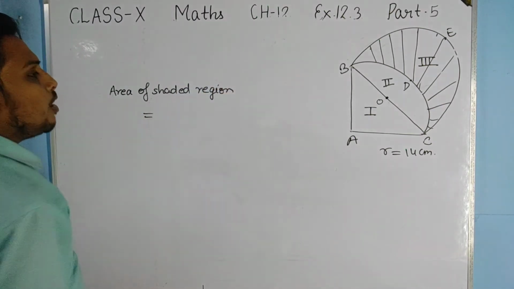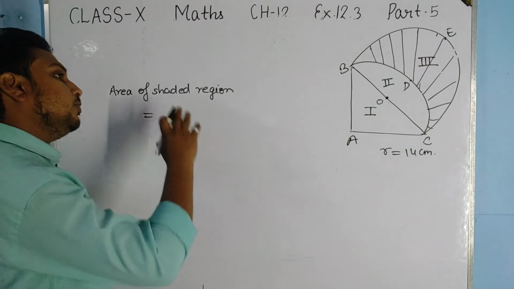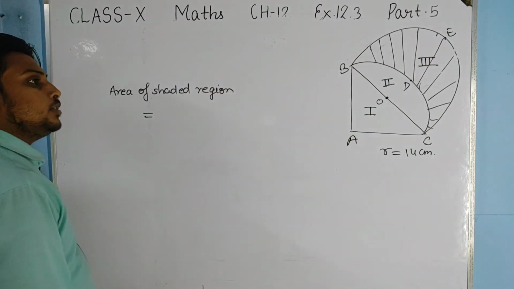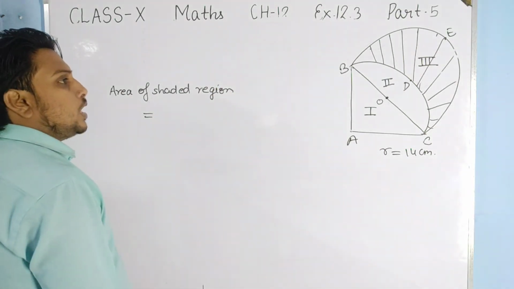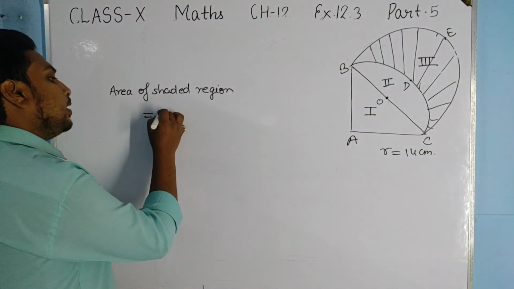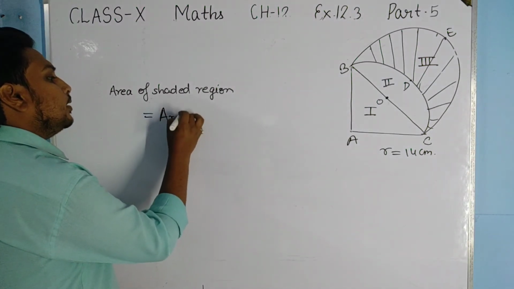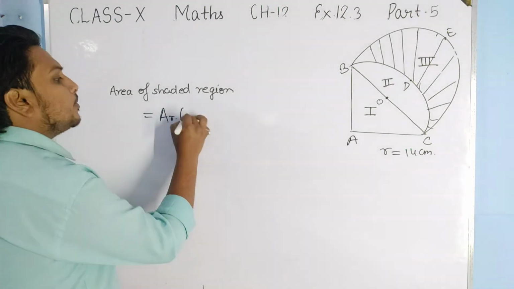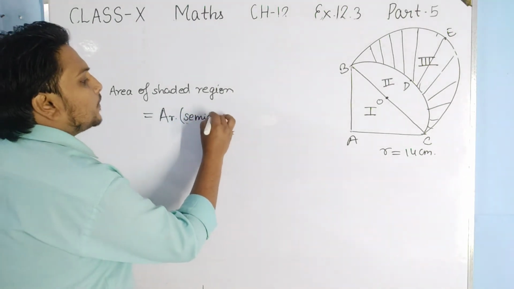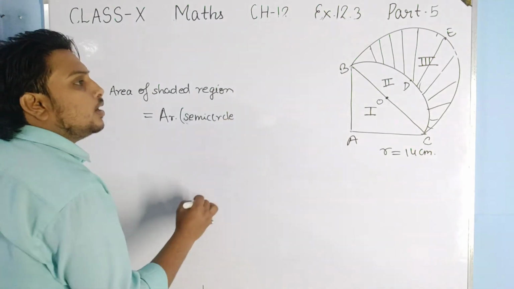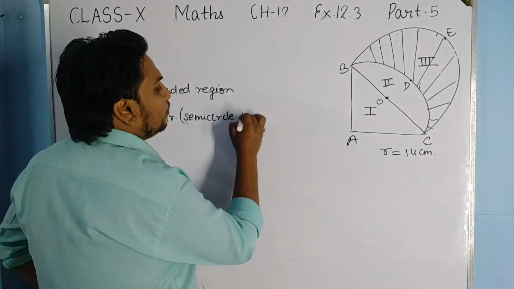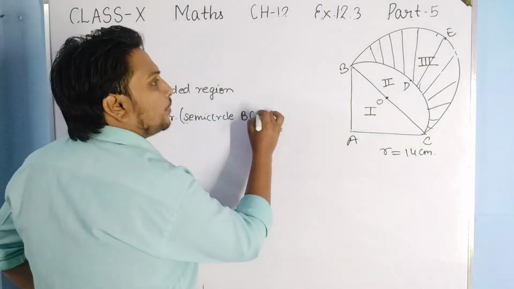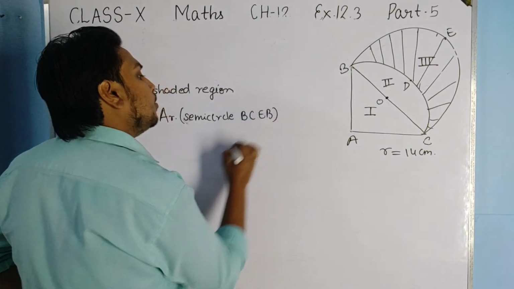So how will we find the area of that shaded region? If we do one thing: firstly we find the area of the semicircle BCEB.